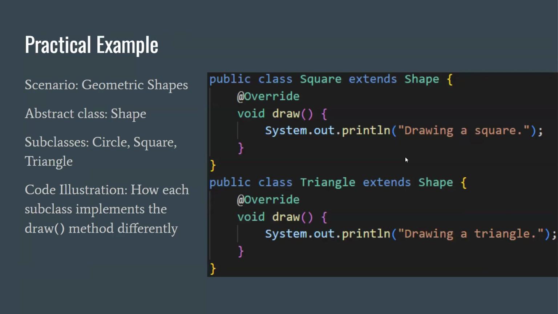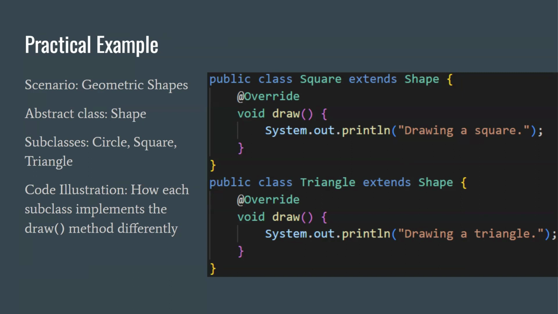Now, let's look at a practical example. Let's think of a simple graphics program where we have several different types of shapes, circle, squares, and triangle.